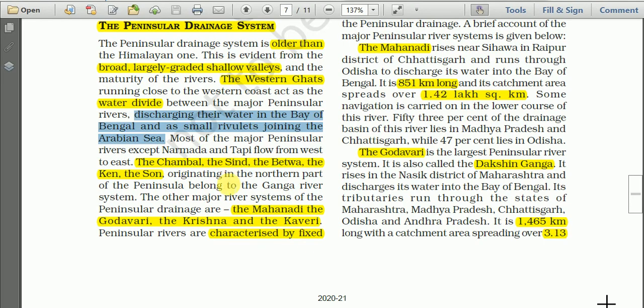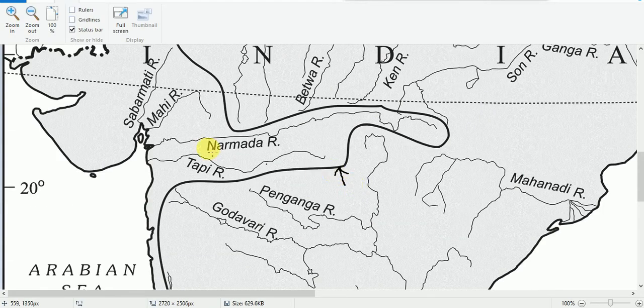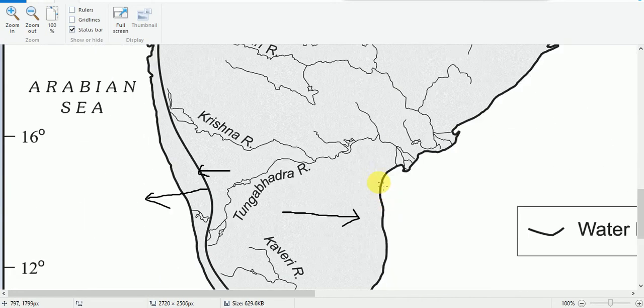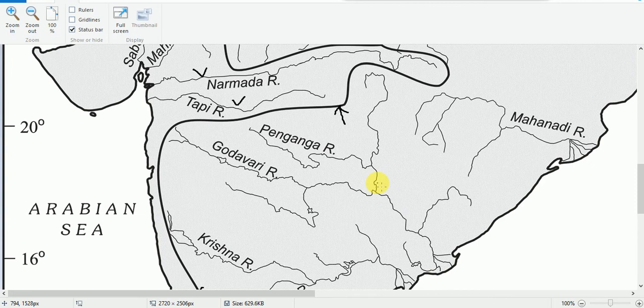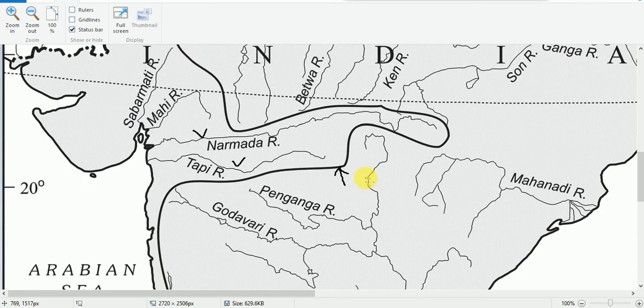Most of the peninsular rivers except Narmada and Tapti flow from west to east. The Chambal, the Sind, the Betwa, the Ken, the Son, originating in the northern part of the peninsula, belong to the Ganga River system. Again, if we see this map here, except these two rivers, Narmada and Tapti, most of the big rivers in peninsular India are flowing towards the east, falling into the Bay of Bengal, as you know.